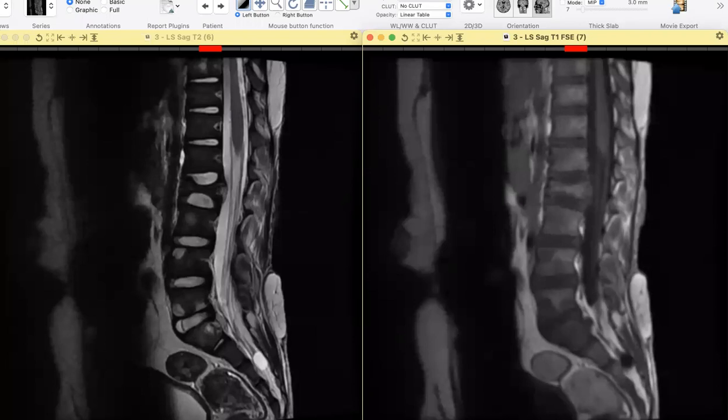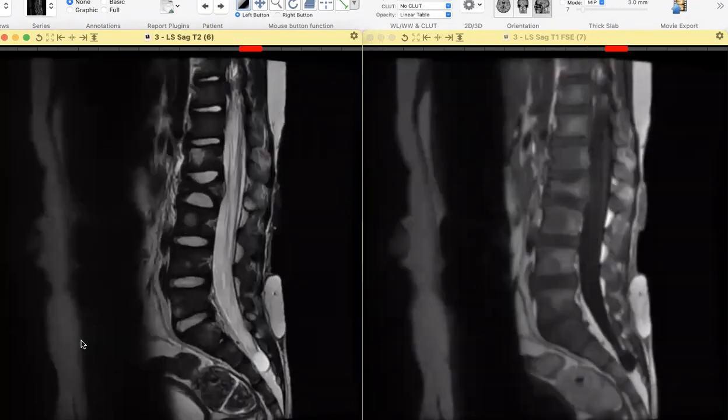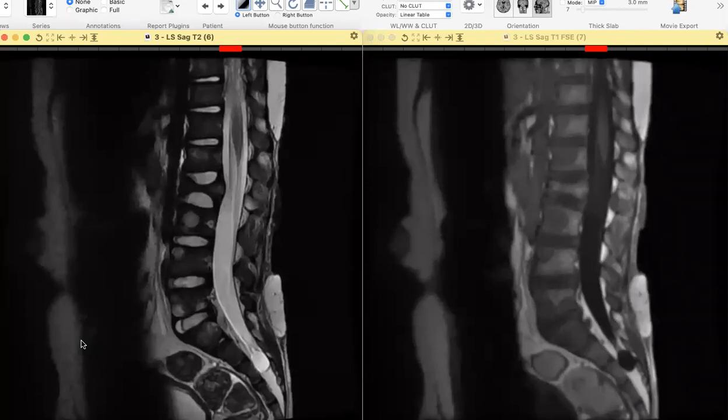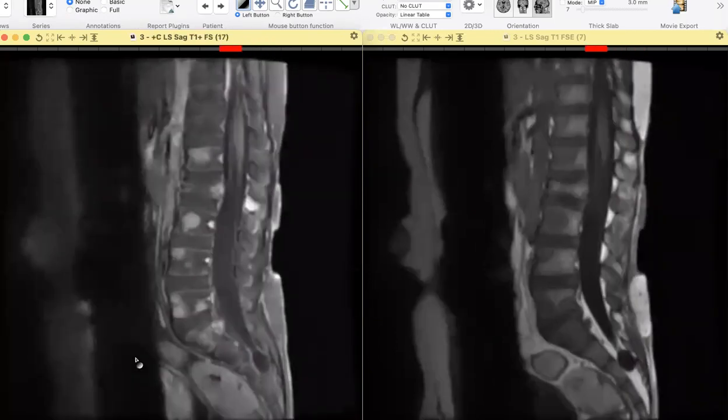However, this collapsed vertebra could be representing marrow infiltration, metastatic disease of the L2 vertebra, or secondary to osteoporotic collapse. There are multiple areas of low signal in the T1 weighted image.